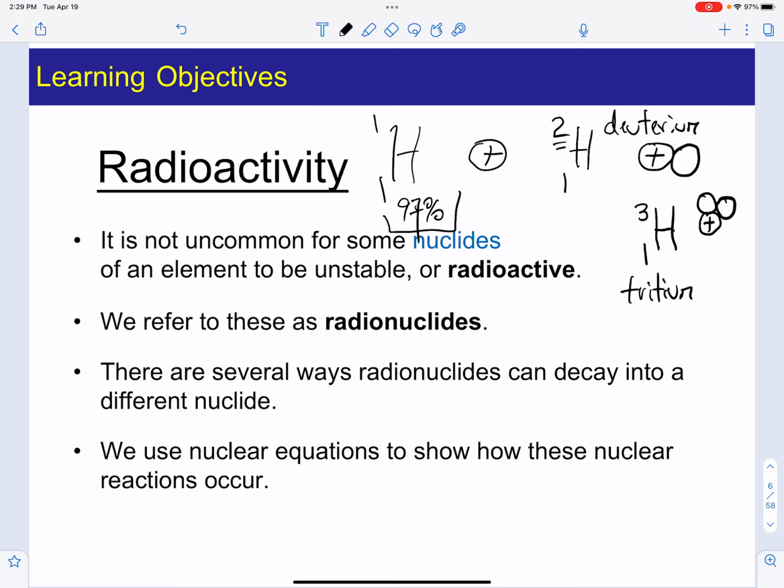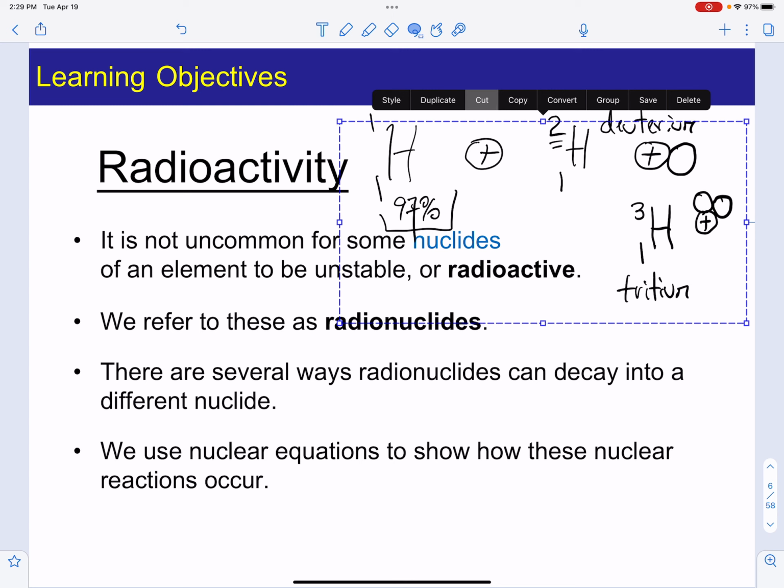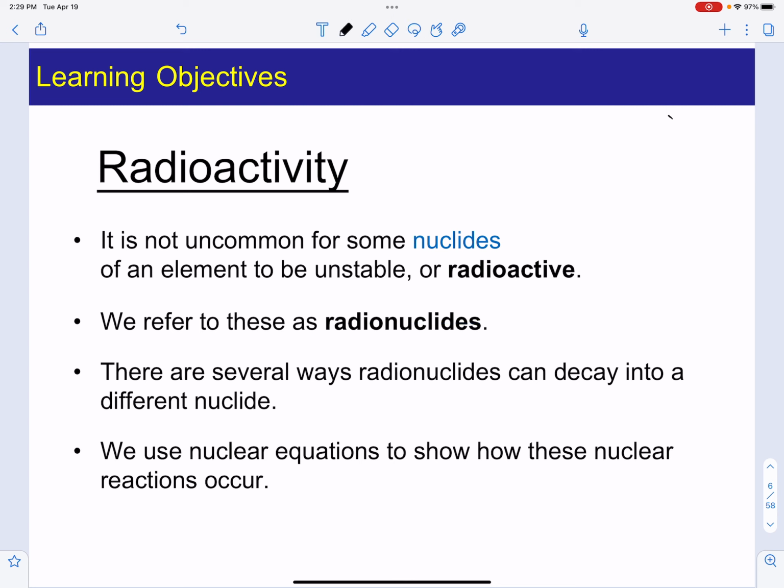So that's not really an example of radioactivity. So what would be an example that leads us to understand radioactivity? Well, let's do something like this. Let's do carbon. Carbon is 6, and the isotopes are 12 and 14.